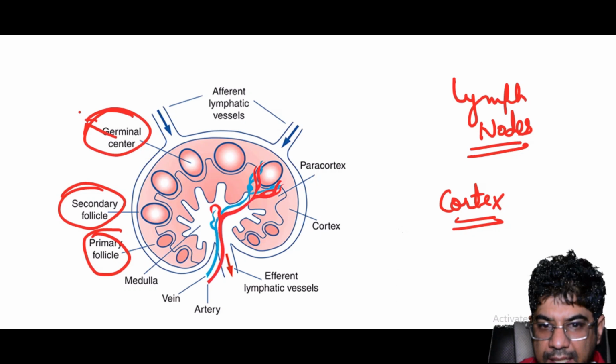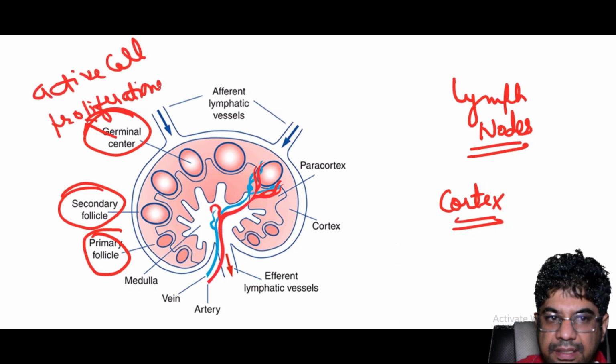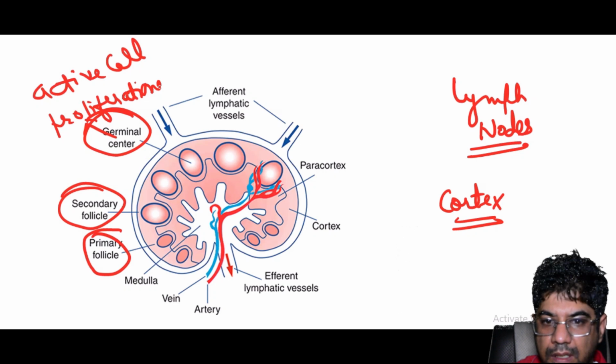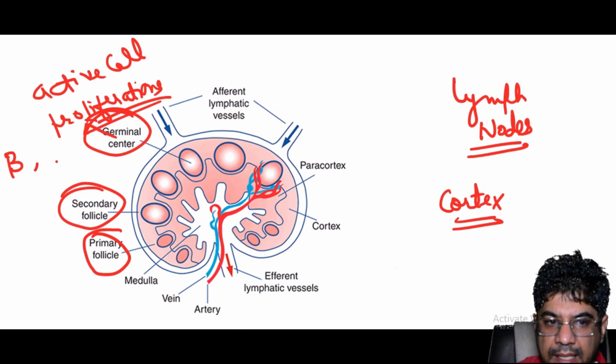The germinal center in the follicle is the site for active cell proliferation and contains B lymphocytes and macrophages.